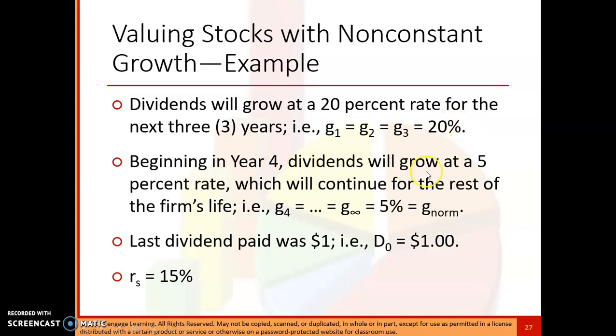Beginning in year 4, dividends are going to grow at a 5% rate, which will continue for the rest of the firm's life. I would just call this G2. The last dividend was $1, so D0 is $1. Investors require a 15% rate of return.